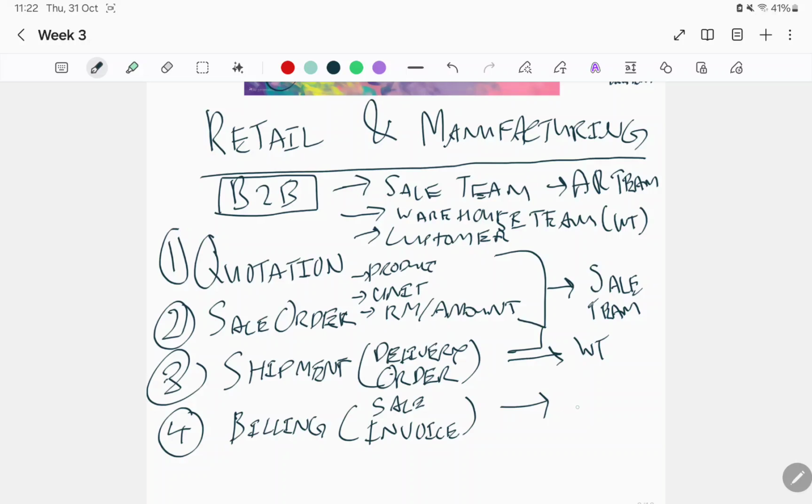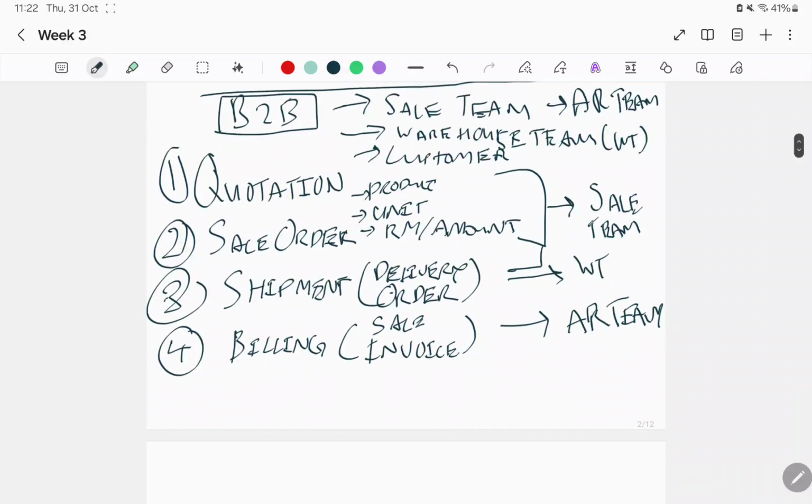In certain cases, it depends. Sometimes it's the account receivable team, sometimes it's the sales team that issues the invoice. It depends on the company, no right or wrong. You need to make sure that you read the case correctly, or follow the case scenario.